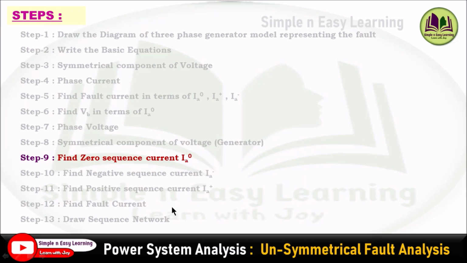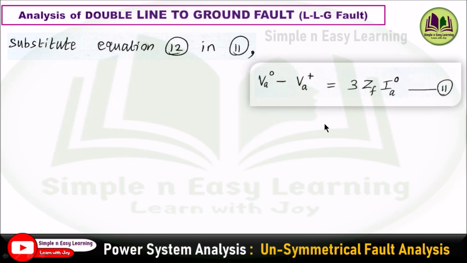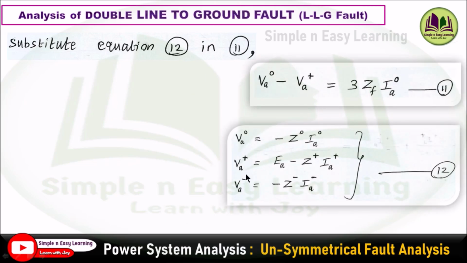Now step 9, find zero sequence current IA0. Substitute equation 12 in 11. The 12th equation gives VA0, VA plus and VA minus, and in the 11th equation we have VA0 and VA plus, so we are going to substitute them here. Instead of VA0, substituting minus Z0 IA0, and instead of VA plus, substituting EA minus Z plus IA plus. So we'll get this equation.